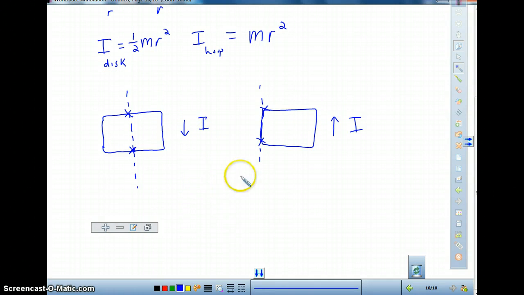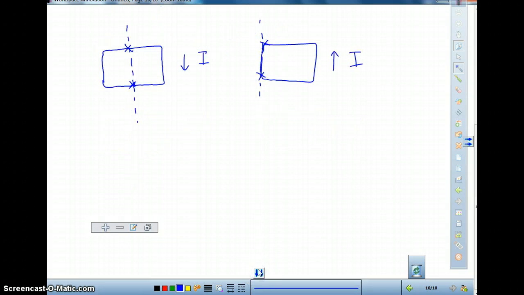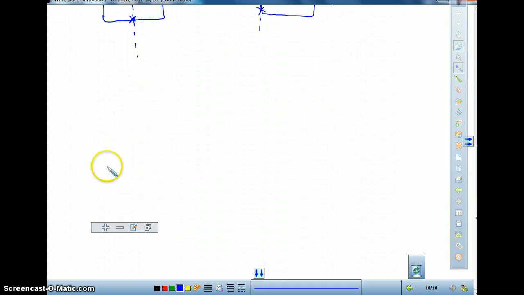Now, generically speaking, here are some formulas for finding the moment of inertia. Sometimes a system might have several objects connected together. Therefore, the moment of inertia formula for a generic situation is the sum of all the moments of inertia of every object. So we could call it the summation of m_i r_i squared.